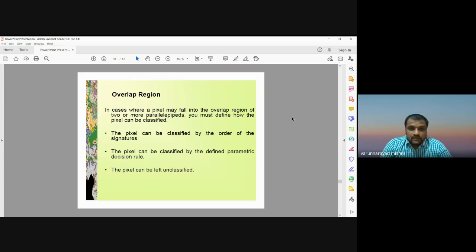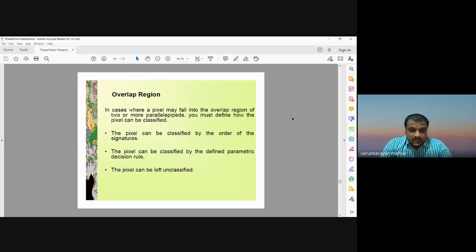But in some cases, pixels may fall into an overlapping region, as some classes may overlap with each other. In that case, the pixels can be classified by the order of the signature, or by defining a parametric decision rule.